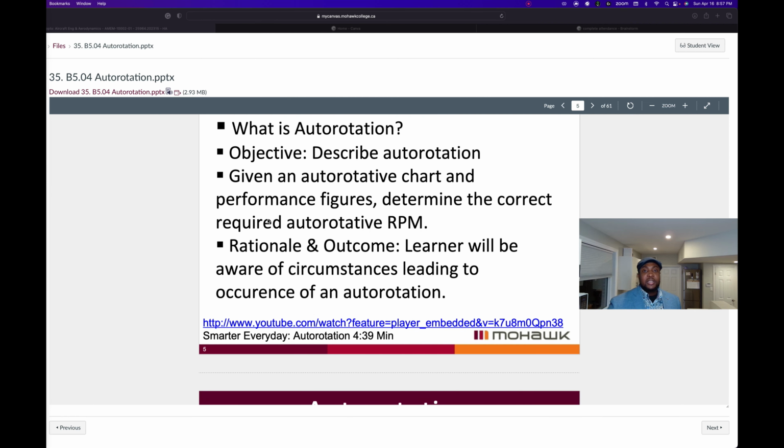Some height velocity charts will compensate for changes in density, and these ones are quite useful. If you have a high density altitude, as you can see here, the areas where you shouldn't operate are increased. So having a low density altitude, like I mentioned before, is an advantage.